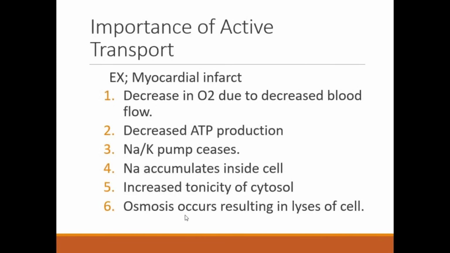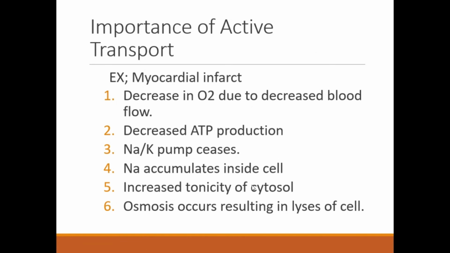Now, if we want to look at how this could occur in a practical situation, remember we already discussed ATP production, let's look at what happens in a situation of a heart attack or a myocardial infarction. We get a blockage of blood. That prevents blood from reaching the heart tissue, decreases the oxygen that it needs. As we saw with our oxidative phosphorylation, if we don't have oxygen present, we have a hard time producing ATP.